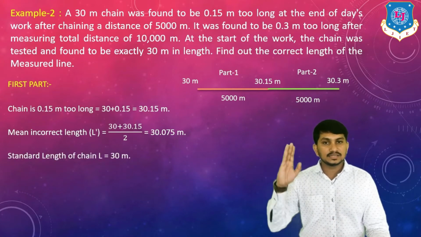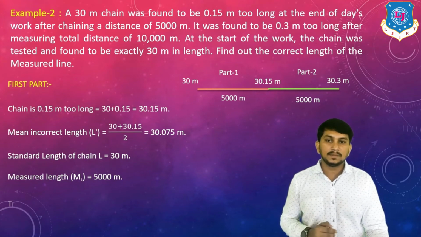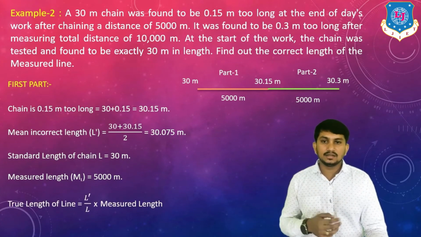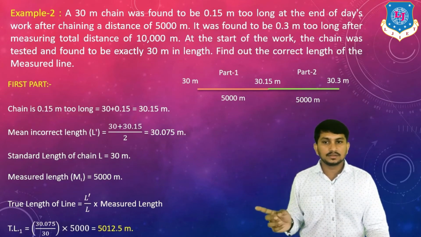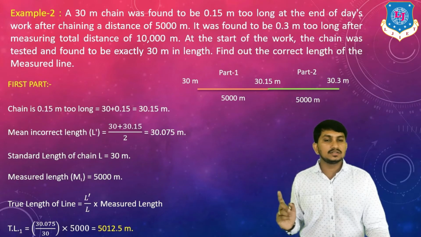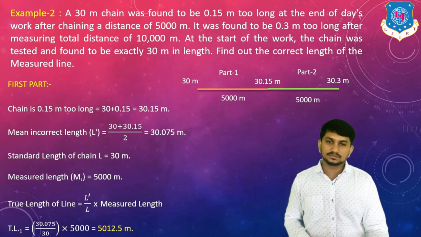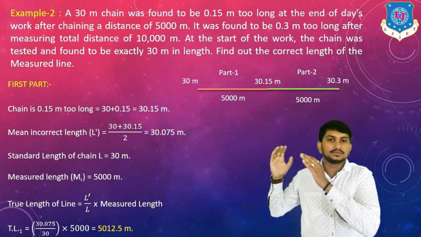Standard length of the chain is 30 meters. Measured length ML is equal to 5000 meter. Our equation: true length TL is equal to L dash by L into measured length. So TL1, the first part length, is 30.075 divided by 30 into 5000, which is 5012.5 meter. This is the actual true length of the first part.